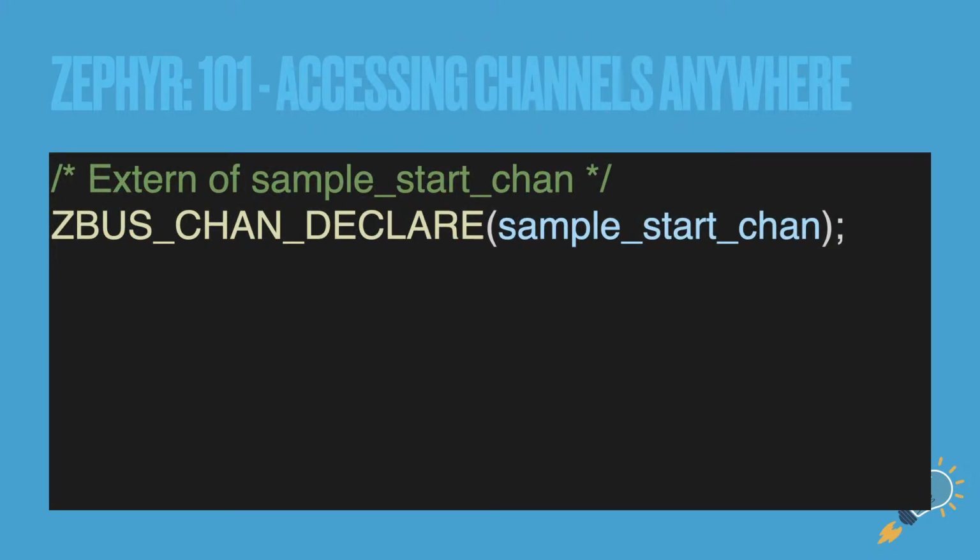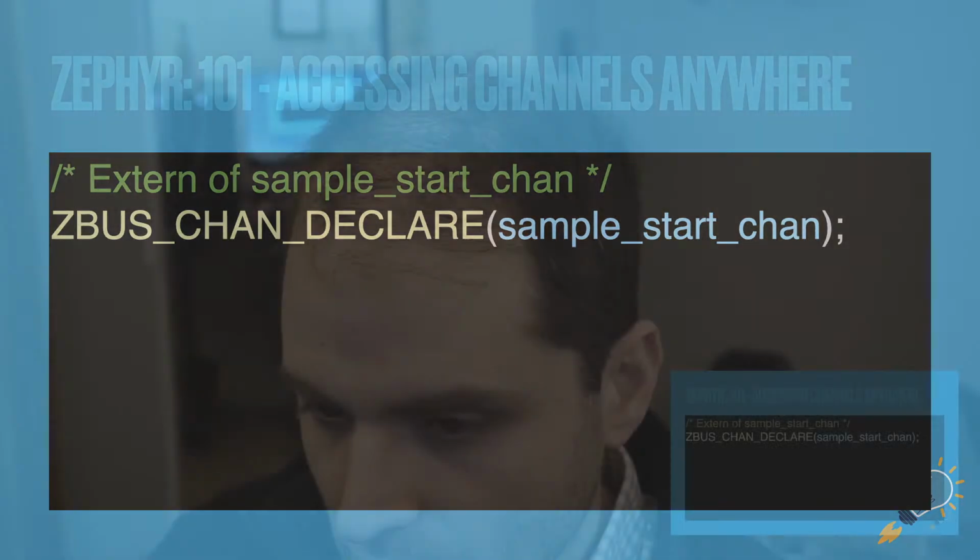Another important aspect of this is that you have a ZBus, cool, but it's kind of difficult to access these things. So maybe you set the channel up in one file, but how do you access it in other files in your code? This is the way it's done.